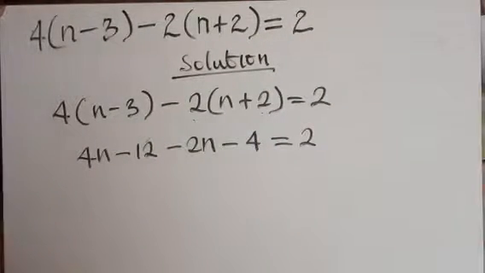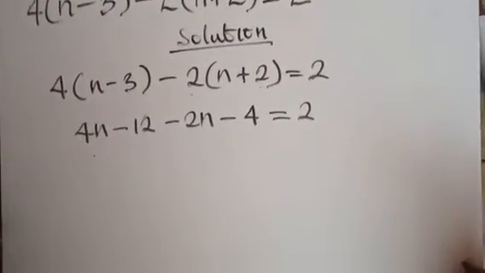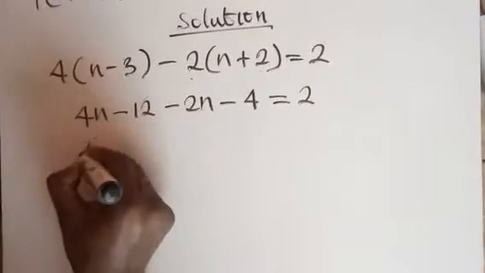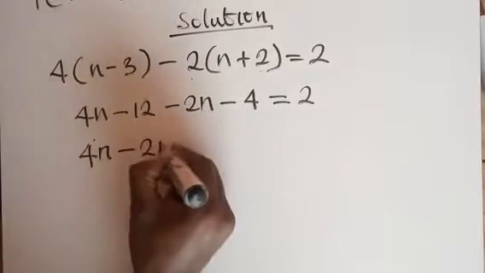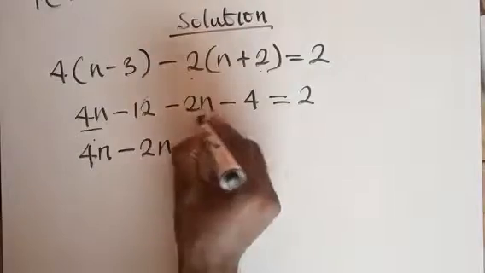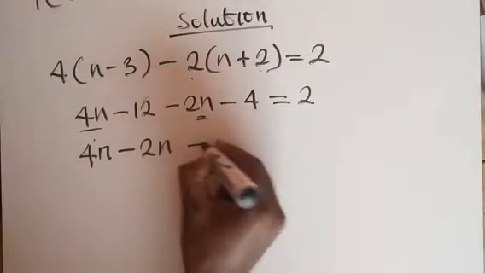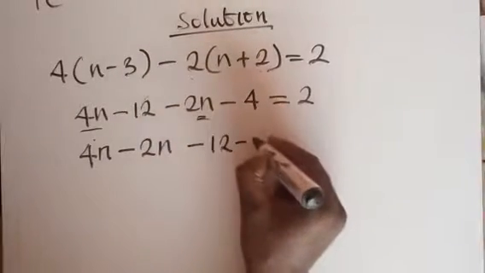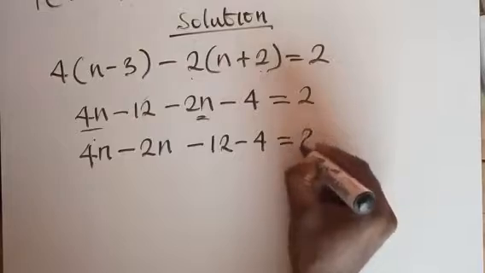Okay. Now there are some terms which are common. So we are going to group like terms now before we go further. So I've got 4n here minus 2n. That means 4n, 2n have been brought close. Good. Then minus 12 minus 4 equals to 2.